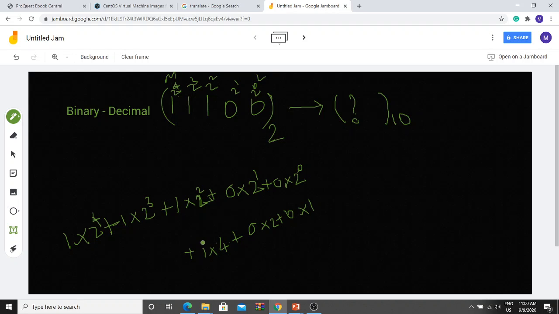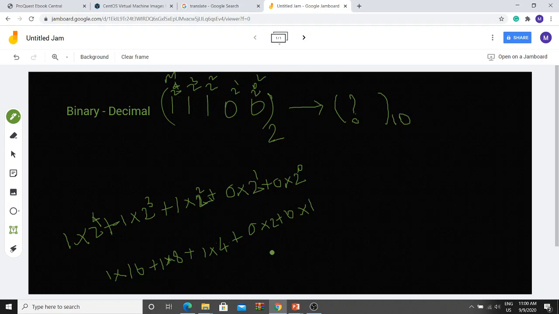Plus 2 to the power 3, which is 2 into 2 into 2, 8, into 1. Plus 2 to the power 4, which is 2 into 2 into 2 into 2, 16, so 16 into 1.